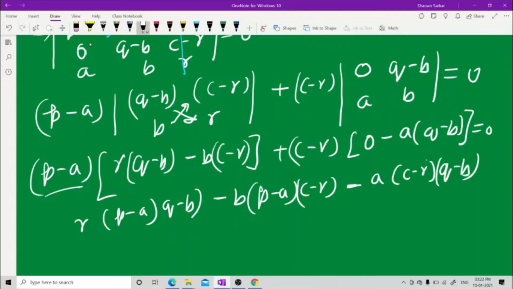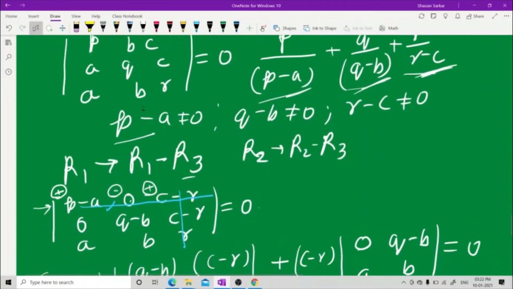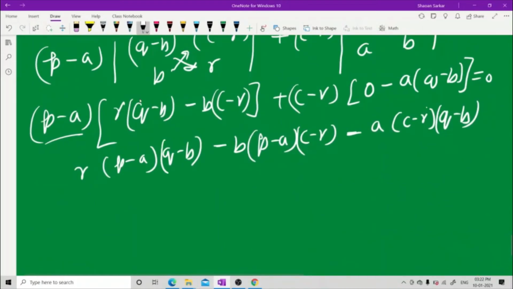Let's see what we need in the denominators. We need Q minus B, we need R minus C, and P minus A. See, P minus A is there, and instead of R minus C we have this, no problem right now.